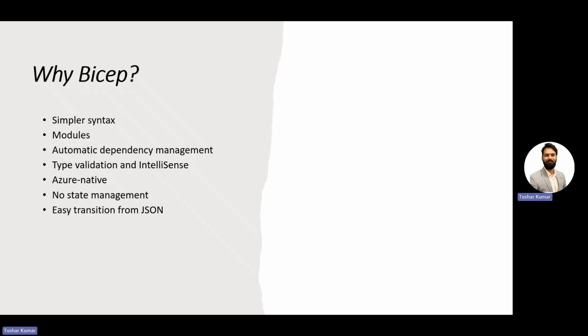Third thing is automated dependency management, which is basically if there are any dependencies that it can see, although we find sometimes that we have to do a little bit of dependency management, but most of the time it is doing automated dependency management. When you are authoring a Bicep template, you are getting IntelliSense, which is basically helping you write the template.